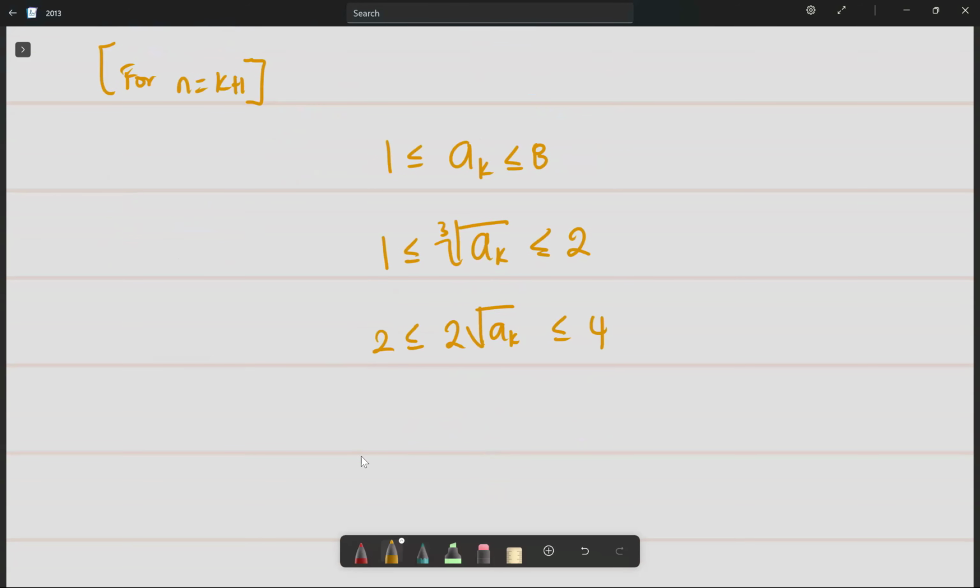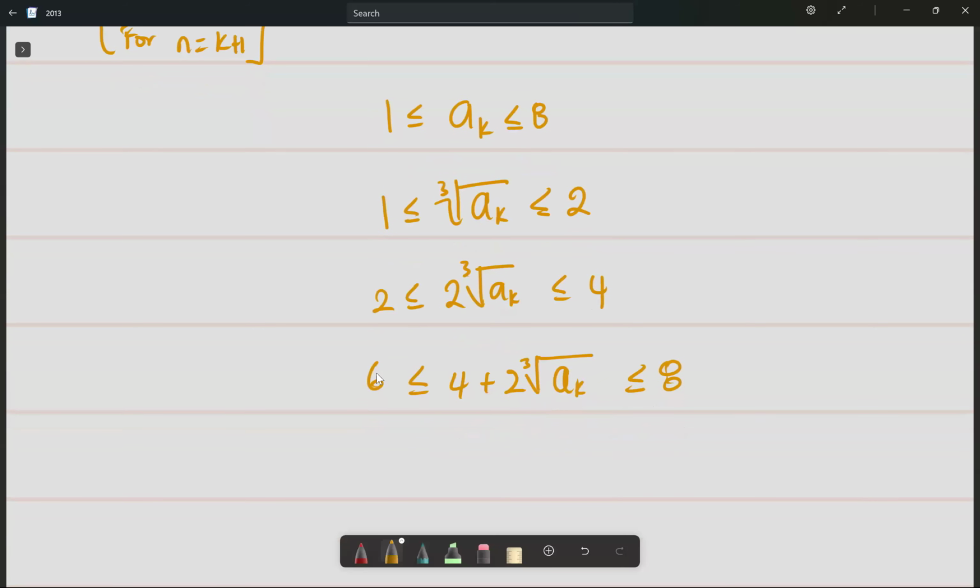Add 4 to both sides, that becomes 6 is less than or equal to 4 plus 2 times the cube root of a k, less than or equal to, add 4 to 4 to get 8.